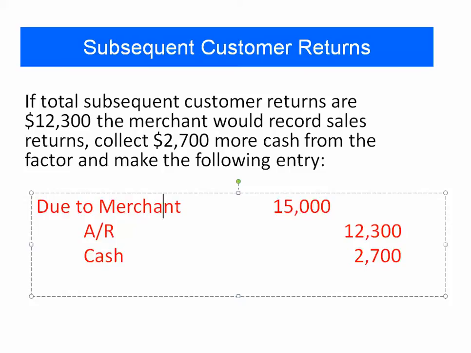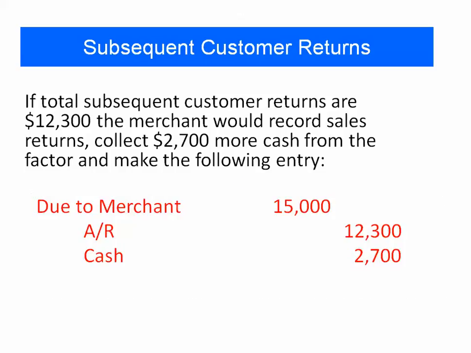It would take the $12,300 in receivables off its books because it would no longer be able to collect that amount from the customer. It would credit cash for $2,700 as it sent the merchant an additional $2,700 in cash, and it would take the full liability due to merchant of $15,000 off of its books.